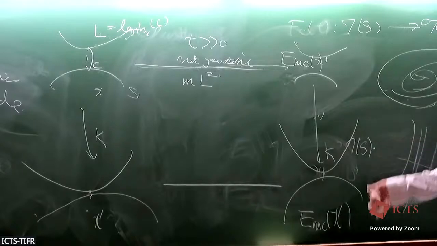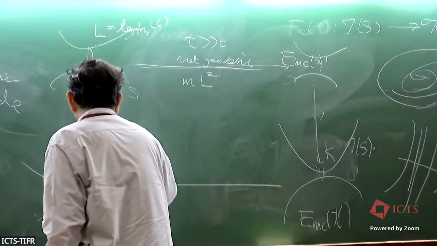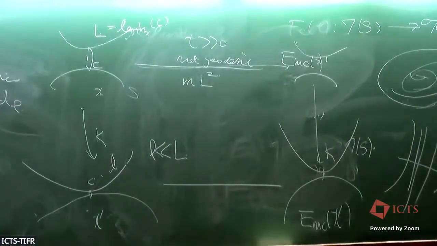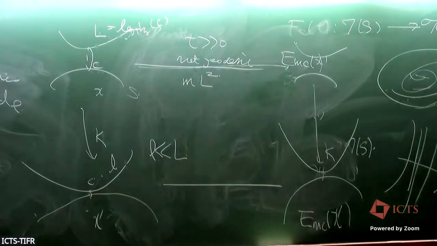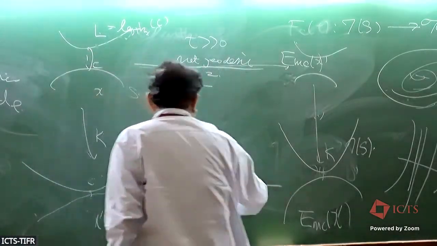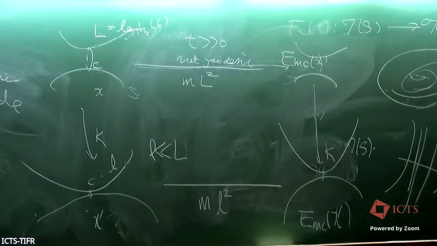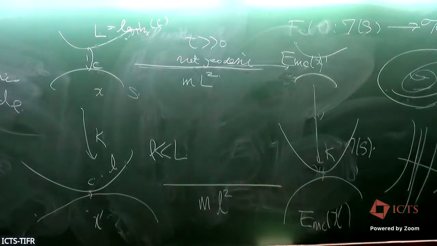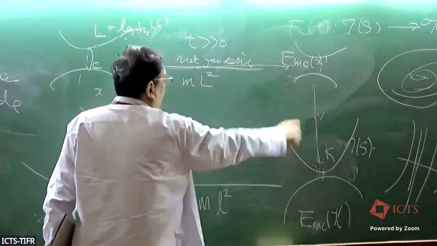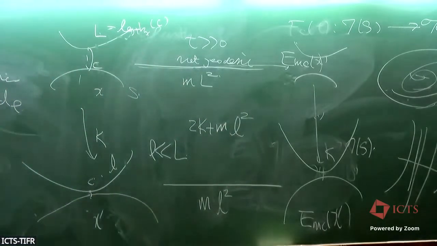Now, on the other hand, if this length of C must be very small, maybe put it as small l. So small l is very small compared to capital L. Then the length here is something like m times small l squared. So if you consider the concatenation of the three parts, here, there, then it's 2k plus m small l squared.